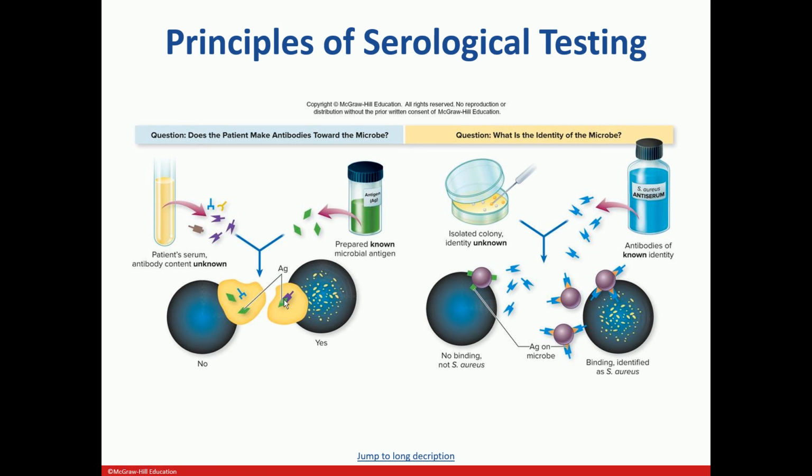You can see the antibodies are like this, and you can have a prepared known microbial antigen. Suppose the suspicion is that this person is suffering from maybe staphylococcus, or, I'm just making up, streptococcus. You can take the prepared antigens from a specific infectious agent and mix that with the serum of the patient.